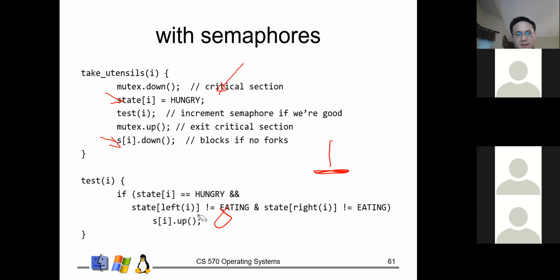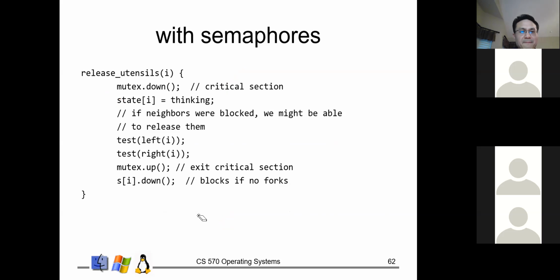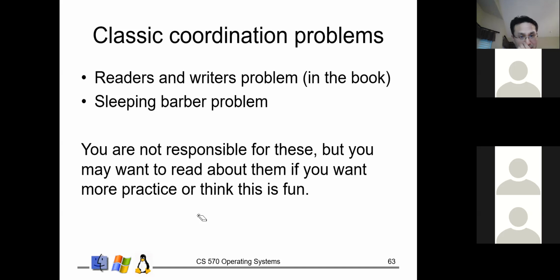Then the philosopher can go on to eat. If either one of the utensils beside him or her is not available, then this philosopher will be blocked. All right. And this is the release utensils part. So I won't go through this.